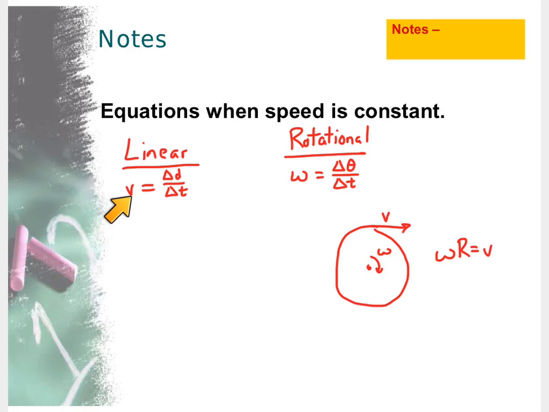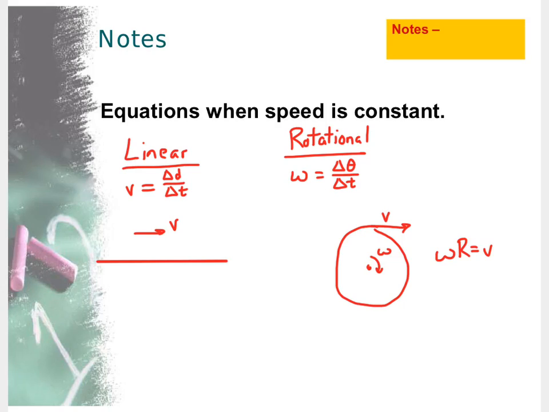equals this linear velocity on the circle. That's not the same as this velocity right here. What I'm saying over here is that if you think about motion along a line, and you have some sort of velocity v, you can write a similar equation for this velocity as you could for this angular acceleration.